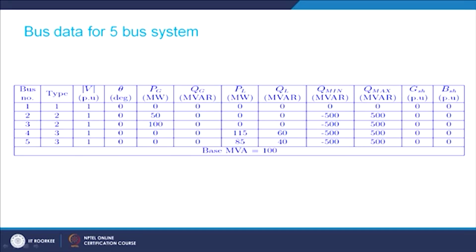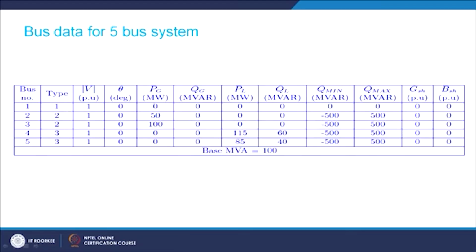And for bus 4 and bus 5, we have already discussed that for these load buses, we do take the flat start as magnitude 1.0 per unit and angle 0. So, here also we have taken magnitude V to be 1 and 1 for bus 4 and bus 5, and for all these buses there are angle 0.